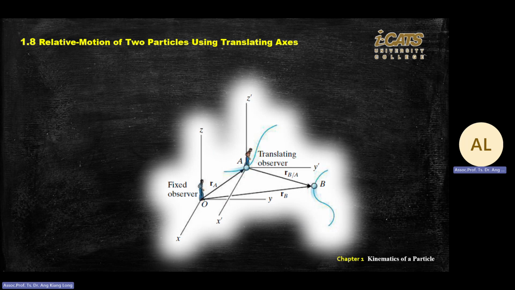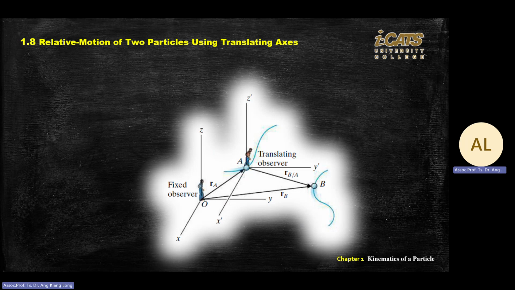Okay. So once you have the axis, then we establish the distance vector, in this case we use R, the relative distance. The first vector is looking at A from O, the fixed position towards the first object. You draw the arrow from O to the first object which is moving.